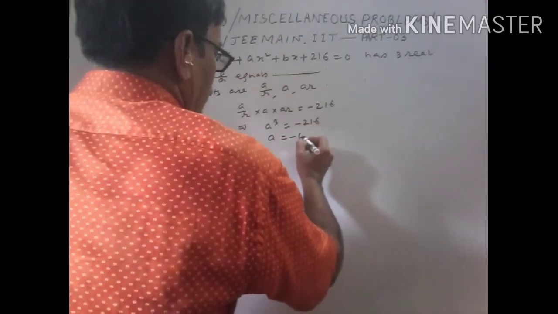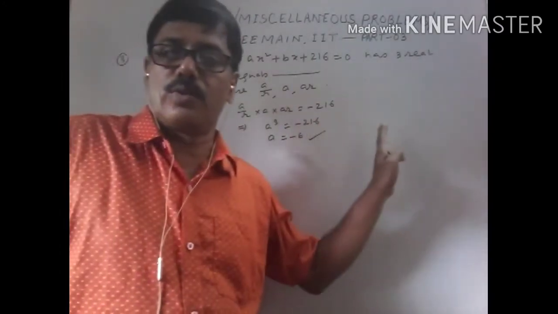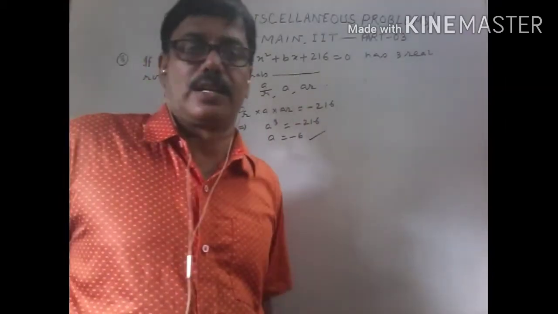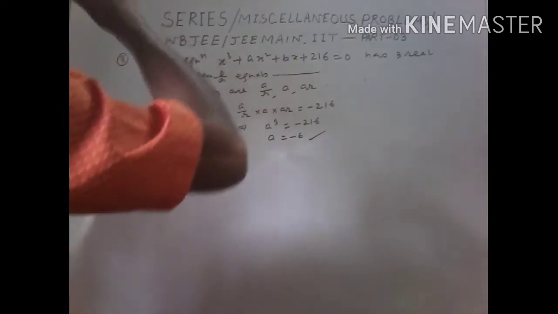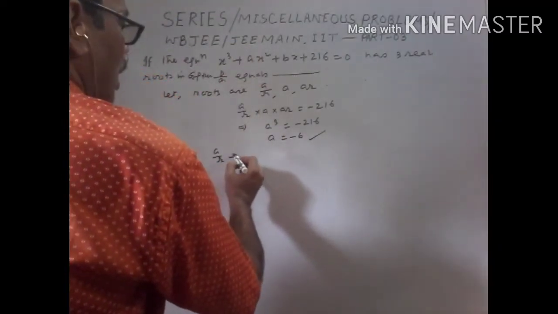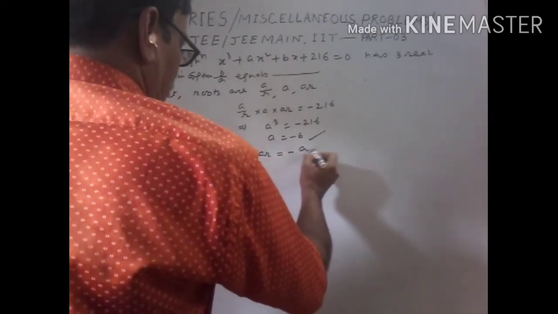So A equals minus 6. If we take roots in this way, we get this advantage, we get A directly.